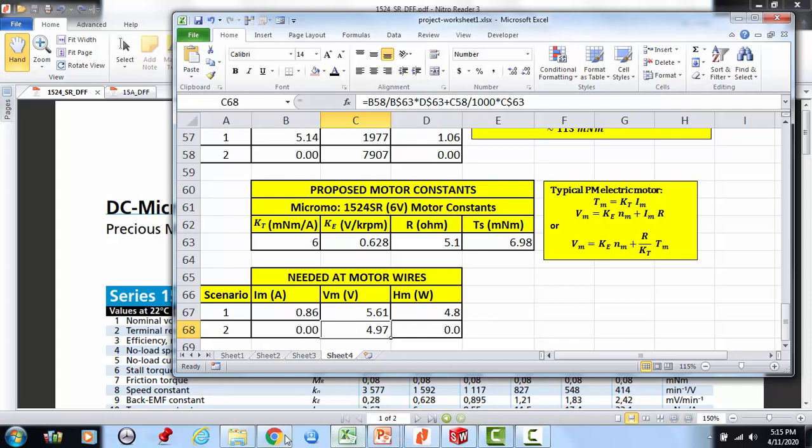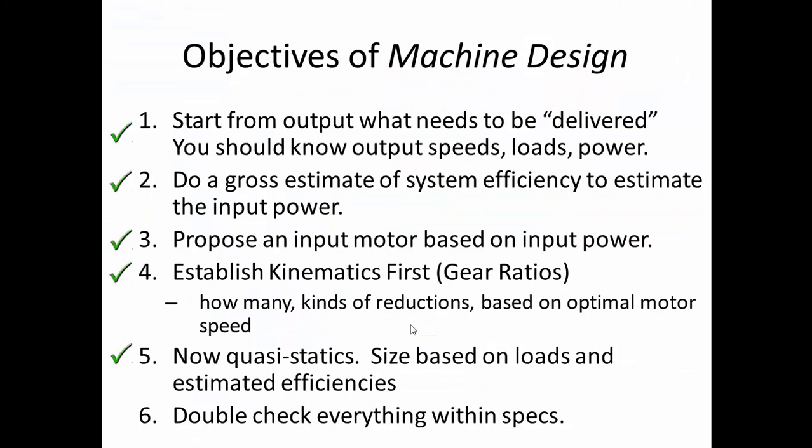But I think that we have a chance here, with the exception of our planetary not quite having what we want.